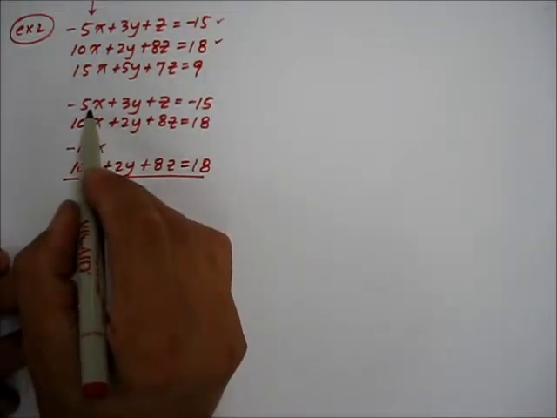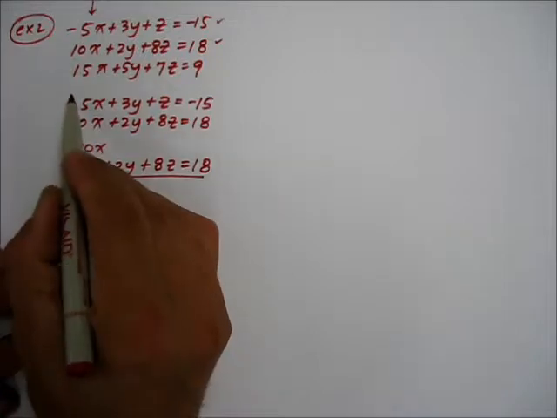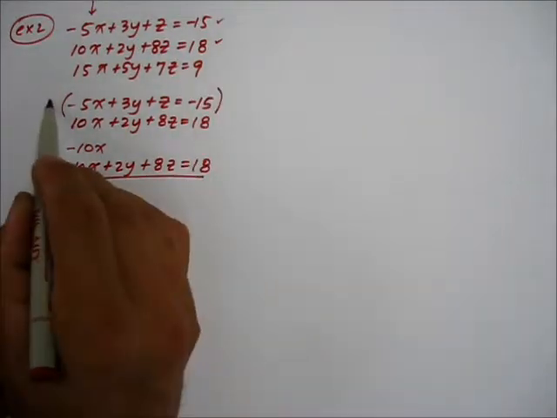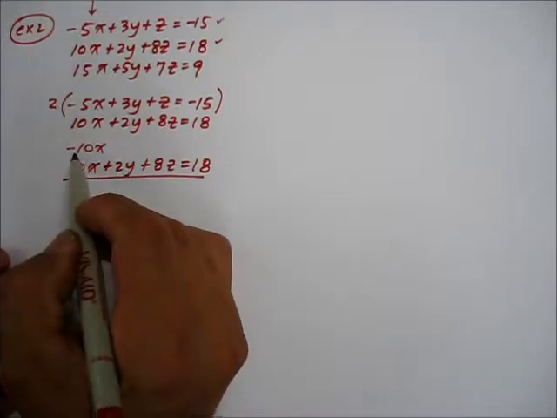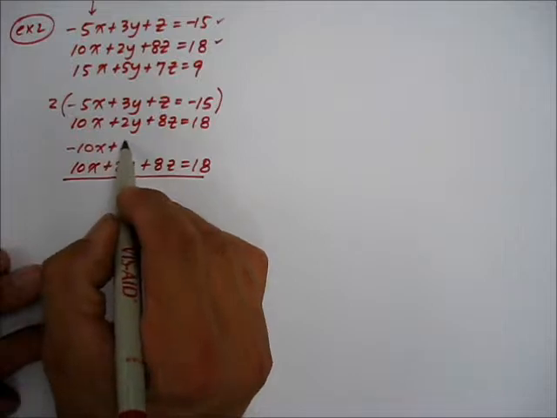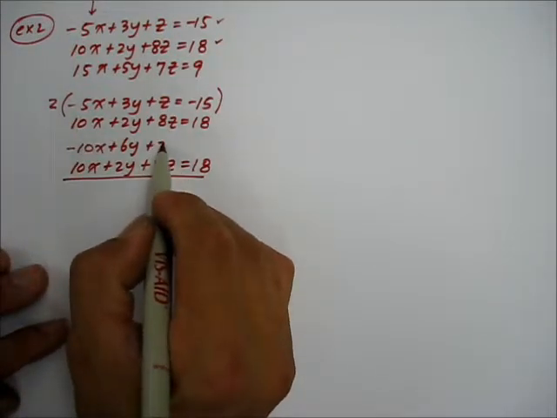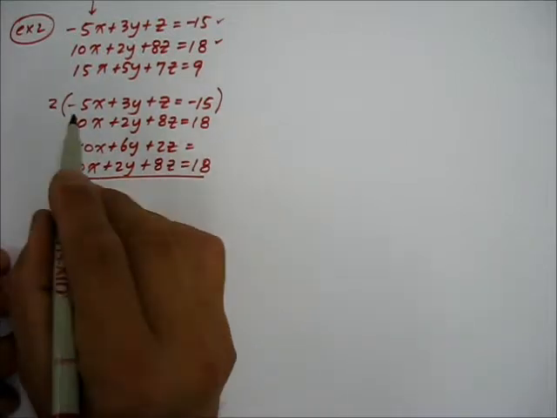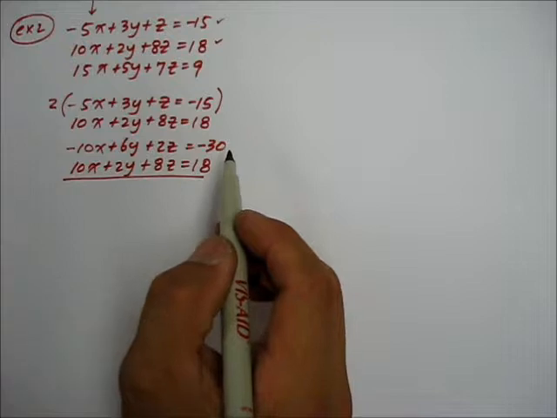But how does negative 5x become a negative 10x? Well, you have to multiply by 2. As a result, 2 times negative 5x is negative 10x. 2 times positive 3y becomes positive 6y. 2 times z becomes 2z. And 2 times negative 15 is negative 30.